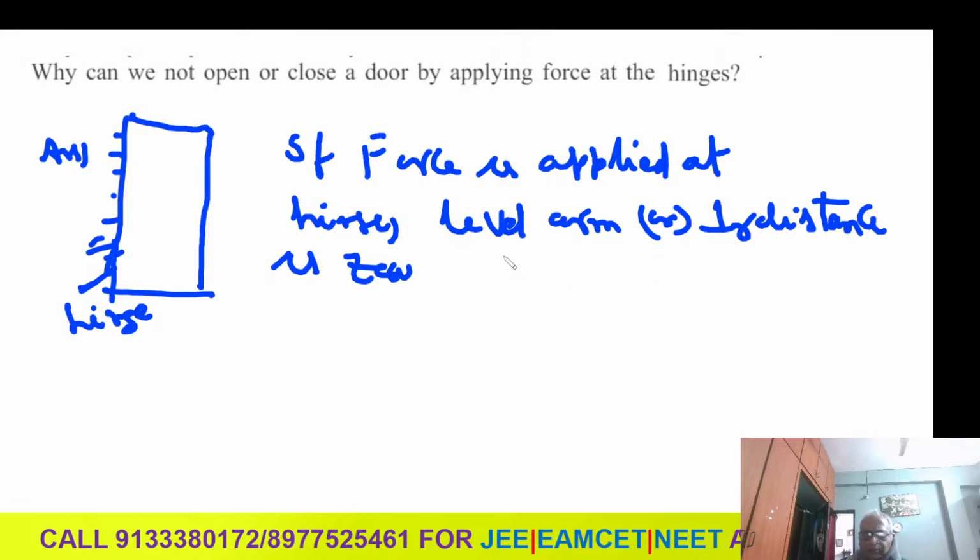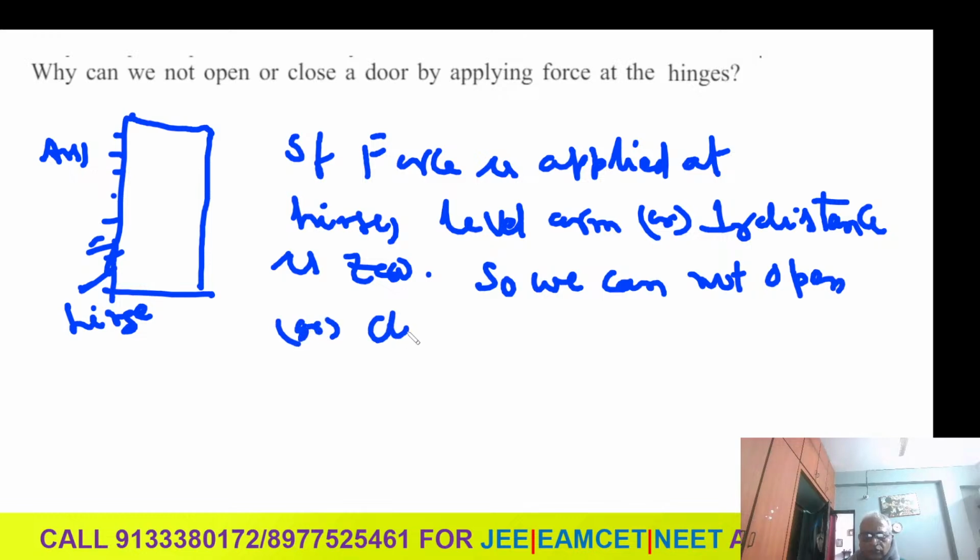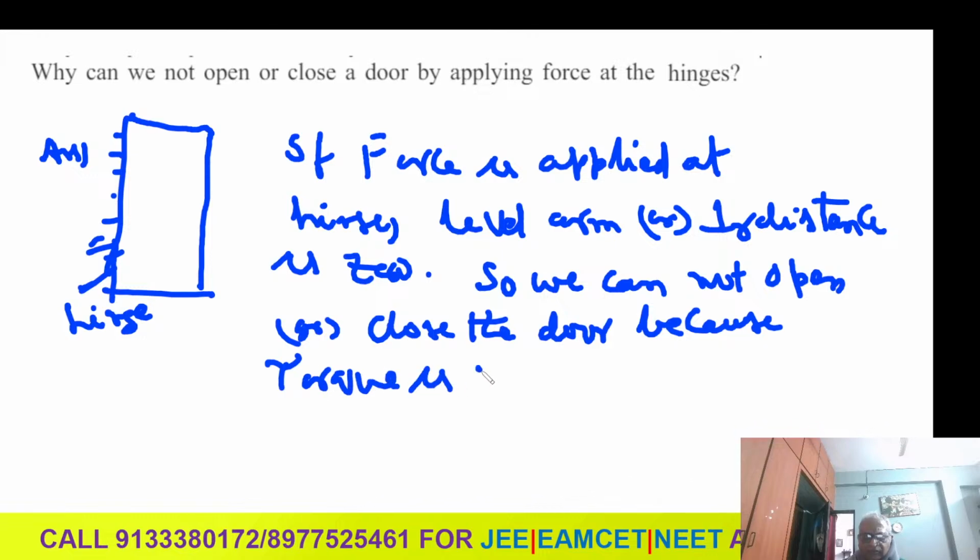But at the hinge, we cannot open or close the door because torque is 0. I am writing all points for you, but you can write: if force is applied at hinges, lever arm or perpendicular distance is 0. That's why you can't apply force at the hinge. This is called the hinge or axis of rotation. So I think you understood.